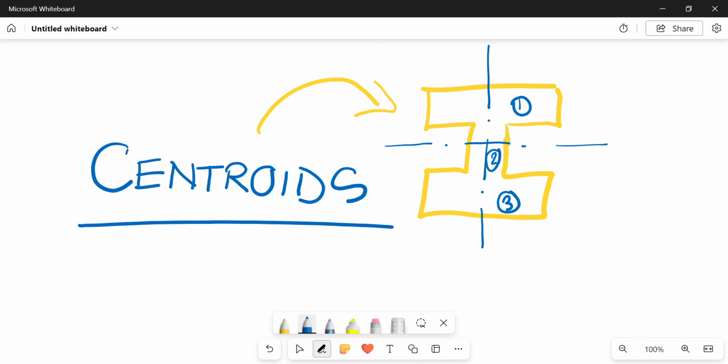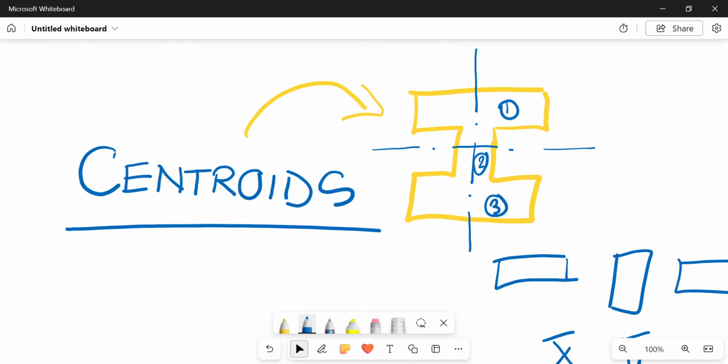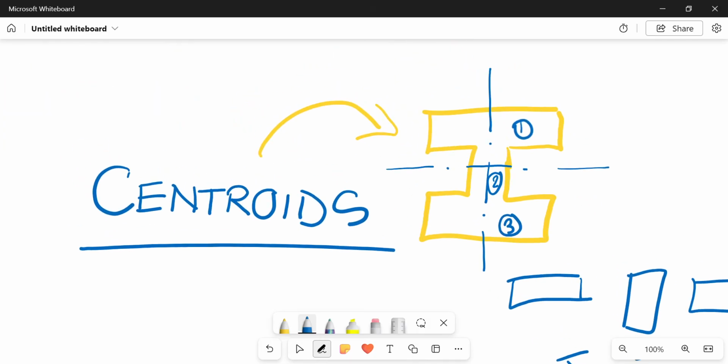But the minute you divide them and have this there, this there, and this there, it shifts things around, and when you're calculating things like your x bar or your y bar, you will take into account your shape as it is, and that is not how you go about calculating it.